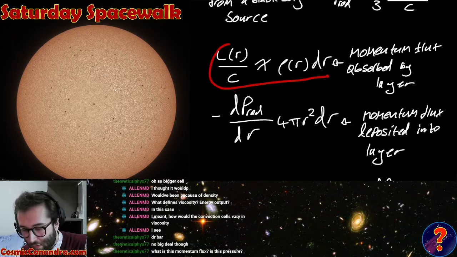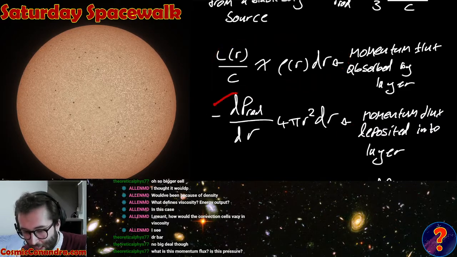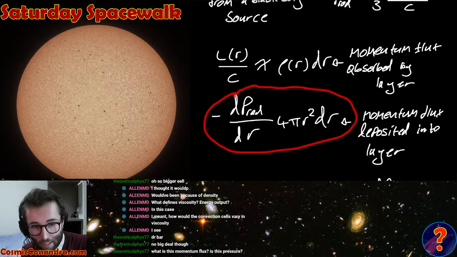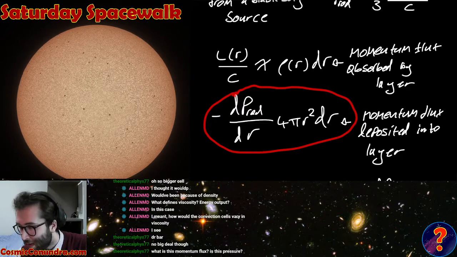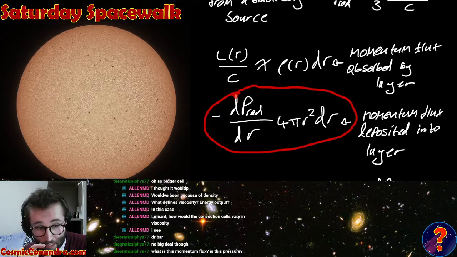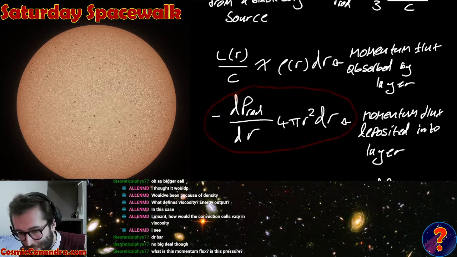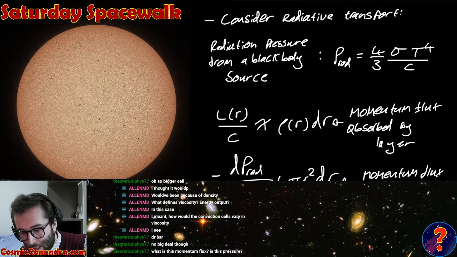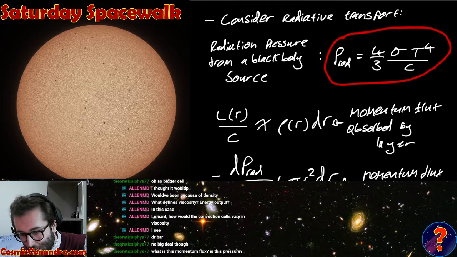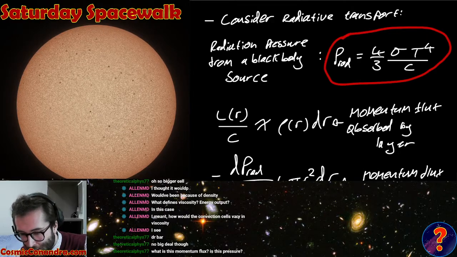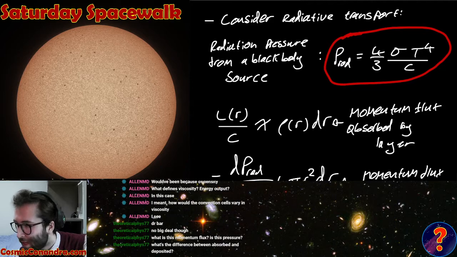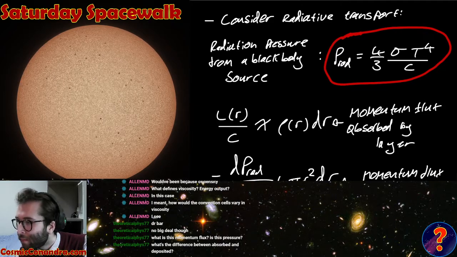So this one we think of in terms of momentum flux. This one I guess you can think of slightly easier in terms of pressure, because it's just a pressure gradient times the distance over which you have the pressure gradient, okay? And we have this expression for the radiation pressure from a black body, which, to a good approximation, as we said, we can think of the sun as.